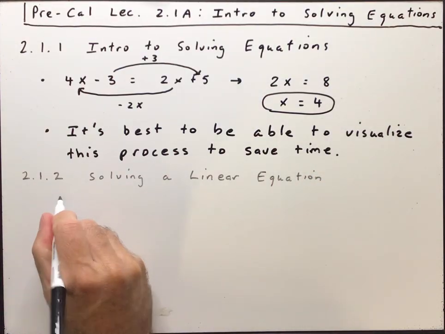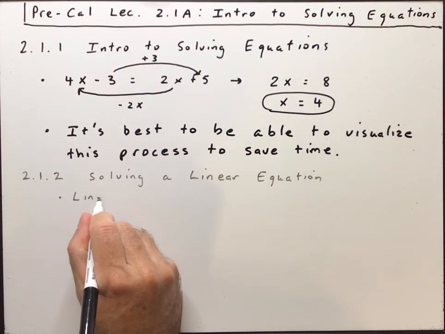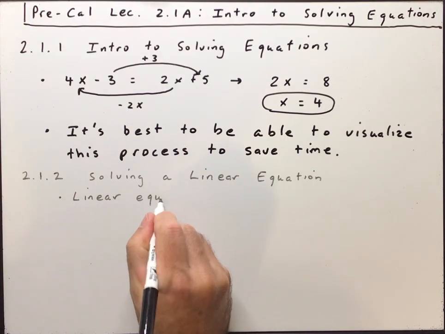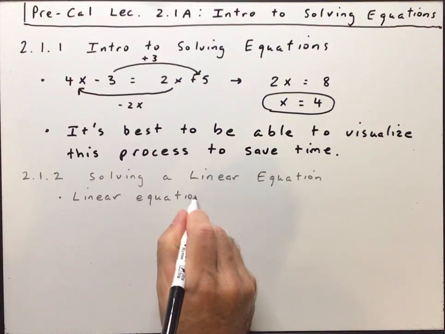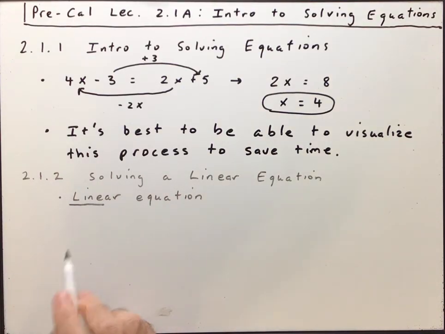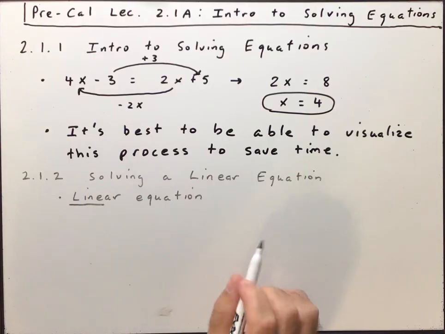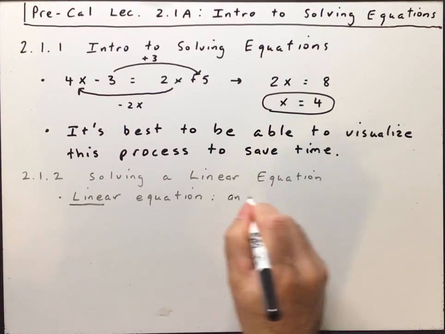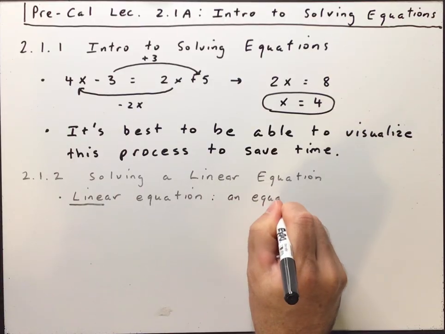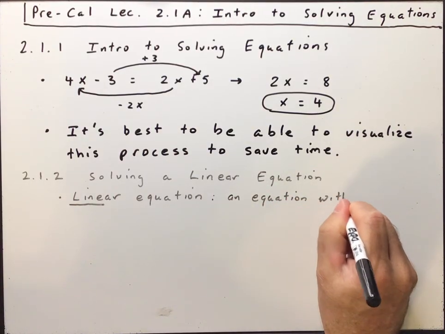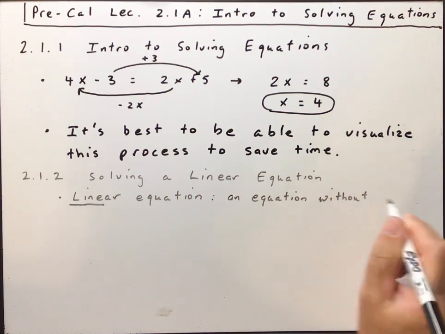A linear equation, and when you think of the word linear, the first 4 letters of that word is a line. If you graph a linear equation, it will give you a line. So that's just an equation without exponents.